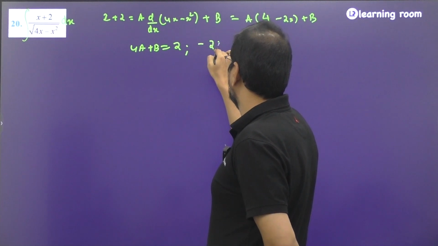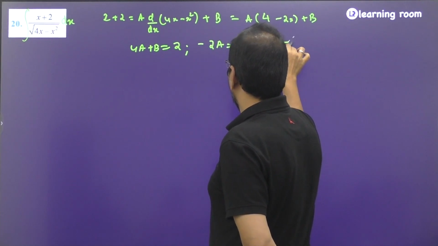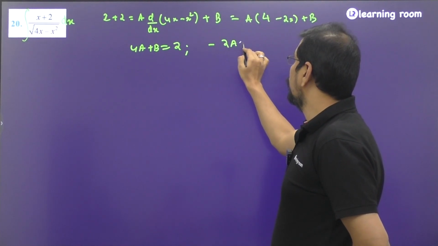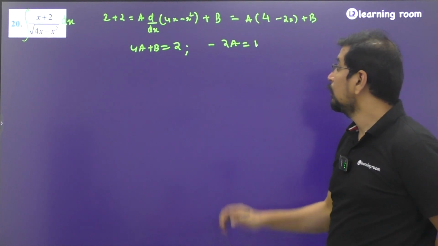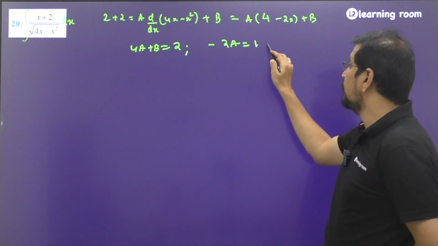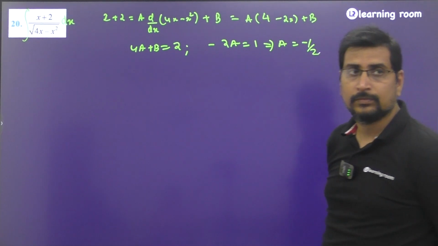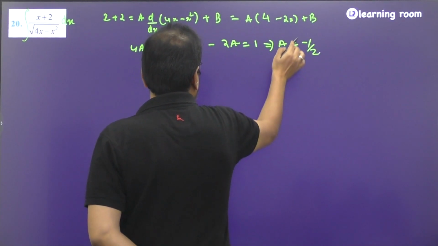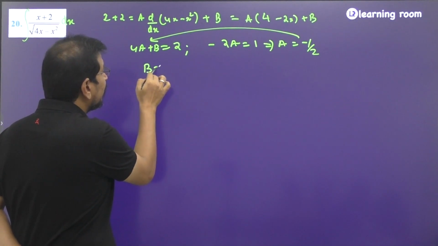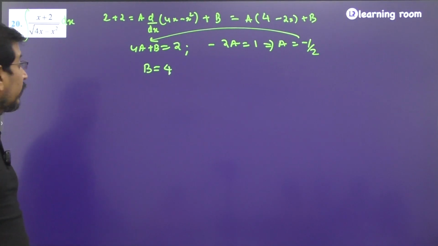Similarly, minus 2A is equal to 1. The coefficient of x is 1, which implies A is equal to minus half. So when A is minus half, when you substitute it here, B will come out as 4.